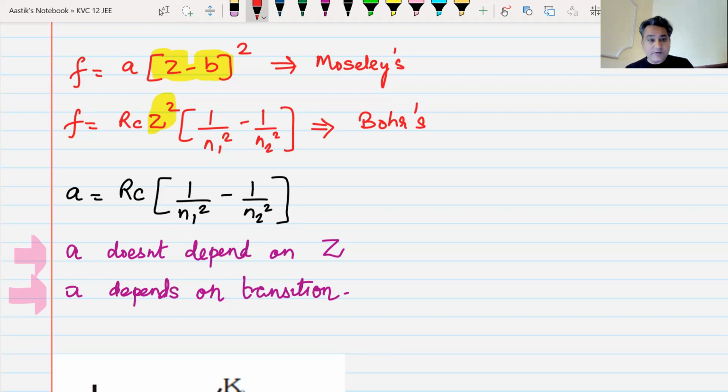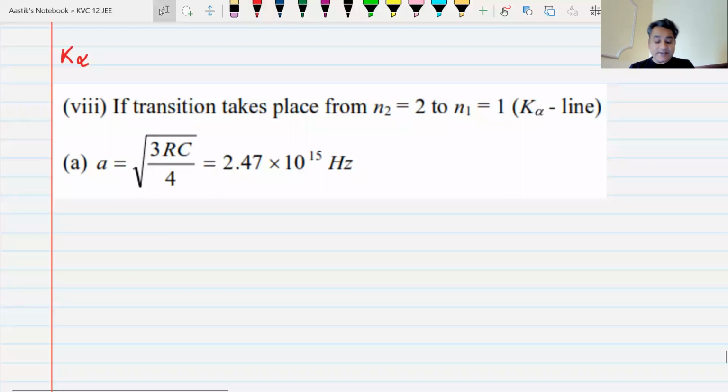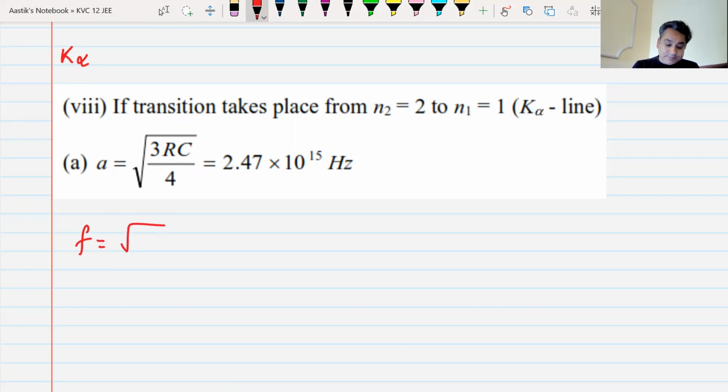If I write the formula for frequency as f is equal to a times z minus b, then the value of a becomes this.